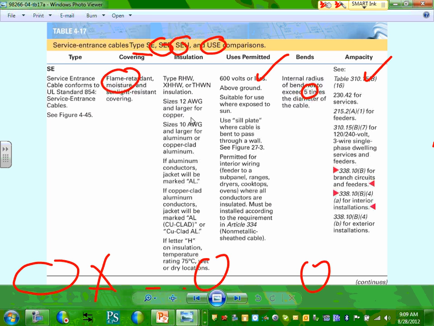Ampacity for these, typically you're going to go 75, or USE. Look, typically USE, guys, residential. Ampacity for them is going to be 75 or 60. Typically, if you put them inside the building, it's going to be 60, like NM cables. So these are for services, coming overhead service conductors.